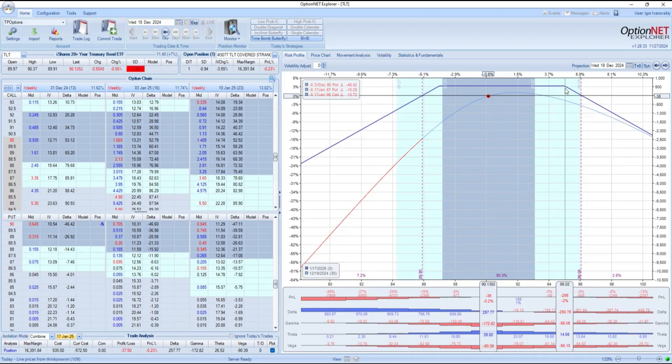And if that strangle expires, I will have to then go and adjust my cost basis once again and sell another strangle. And if the underlying goes lower, I will either buy more shares at a lower price, right? Or I'm going to get called away from my long stock position. So it's very simple.